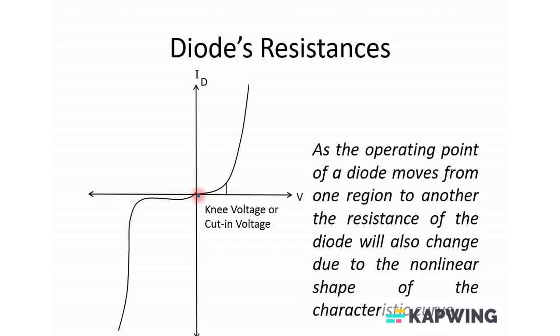We have seen this characteristics curve many times in our previous videos. We know how it is formed: when we apply a certain voltage as input to the diode, we get a corresponding current. We keep on changing the voltage.